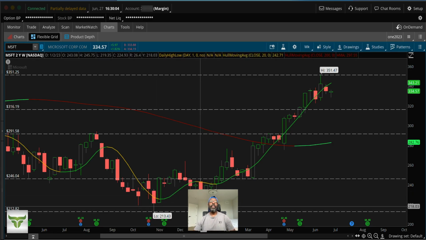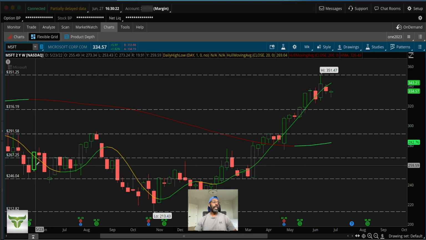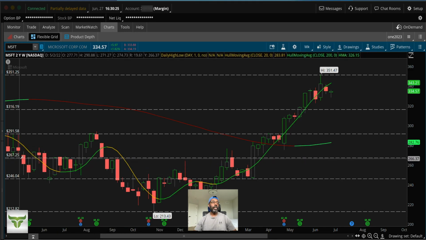Right? So then you might be thinking, okay, well, as a long-term investor, I want to sit and I want to hold. Where's the next entry point? Where's the next resistance? Is 291.58. I mean, we could easily draw another support and resistance level, which would be right around here, 267.25, because you can see how many times the Microsoft stock bounced off of that resistance and couldn't break through it.